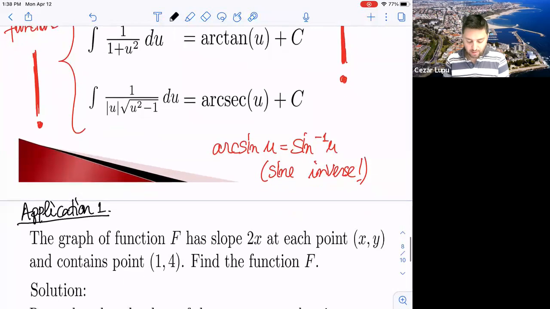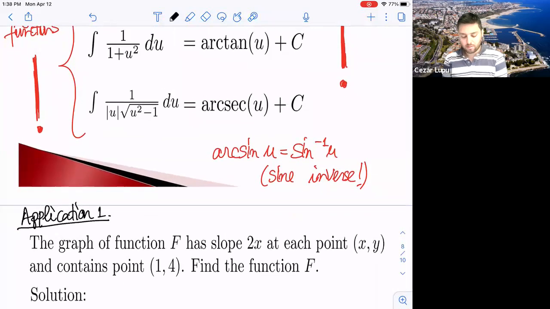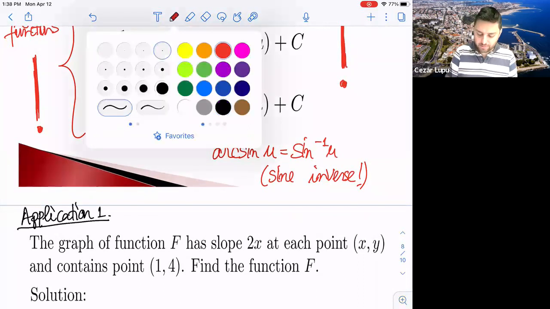So let's read it together. The graph of the function F has slope 2x at each point (x, y). What is that? Can you translate this to me? Only this.